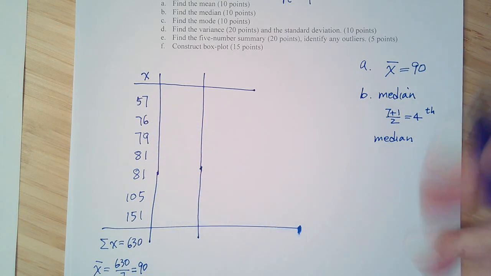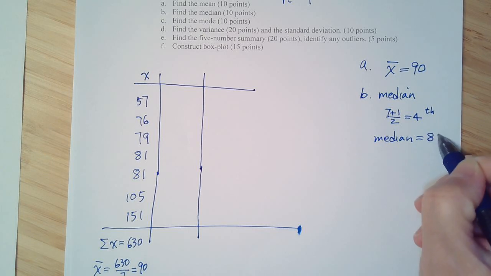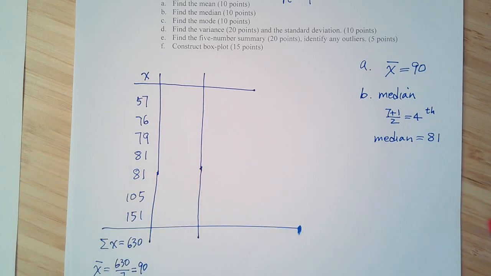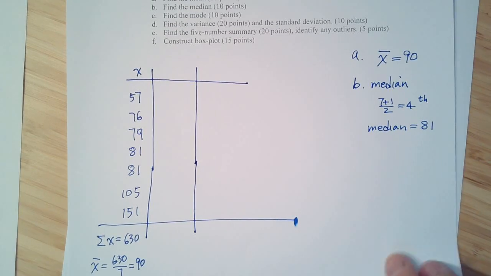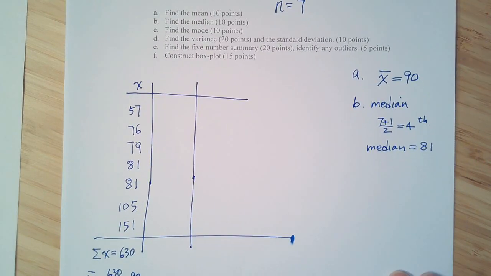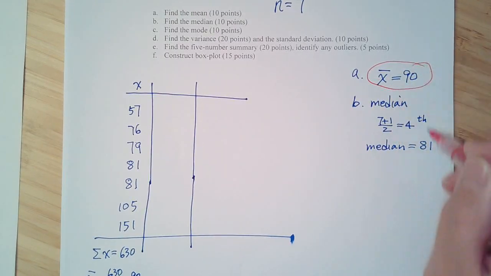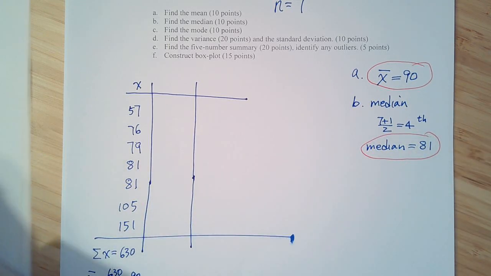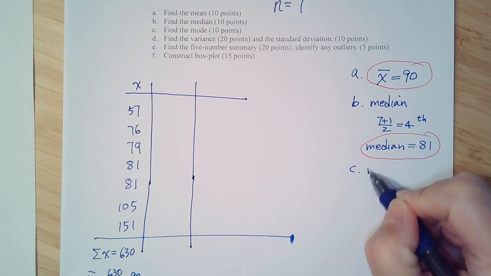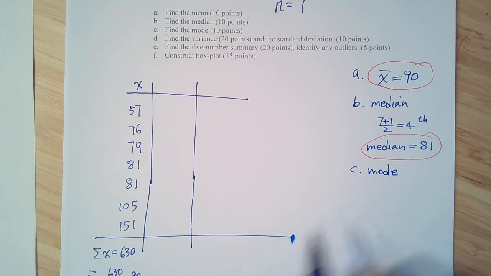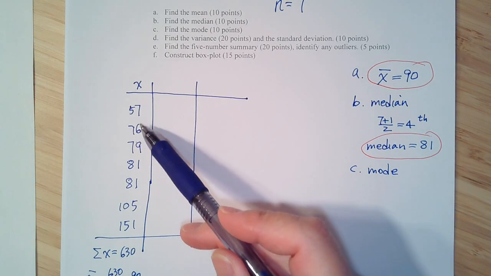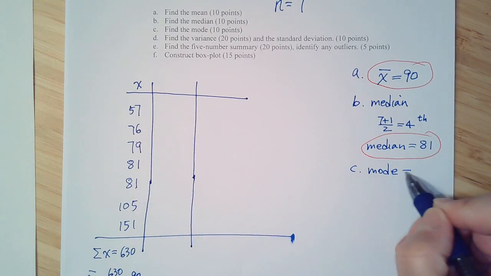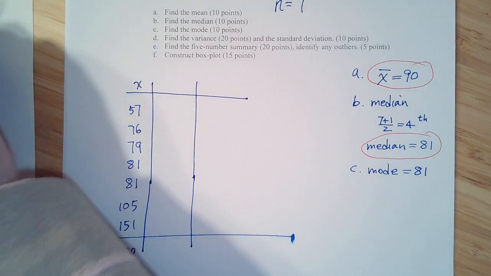I'm going to use my other color to circle my answer to make it a little easier for you to see. Now, part C, mode. Mode is the most frequently occurring number. That's 81, so the mode is also 81. So far, we did the first three, and that's the measures of center.